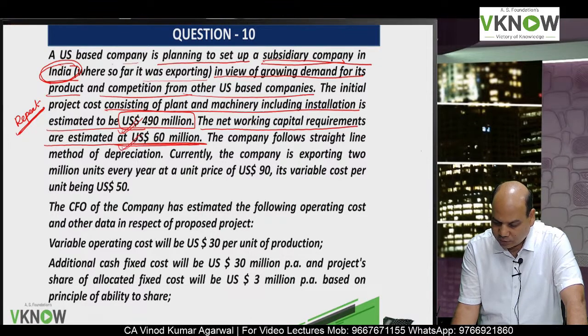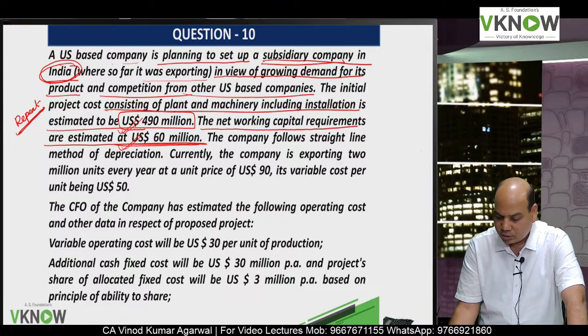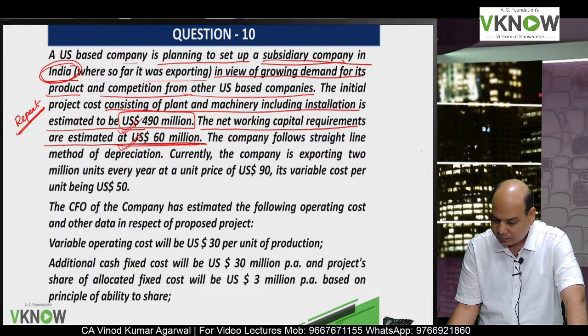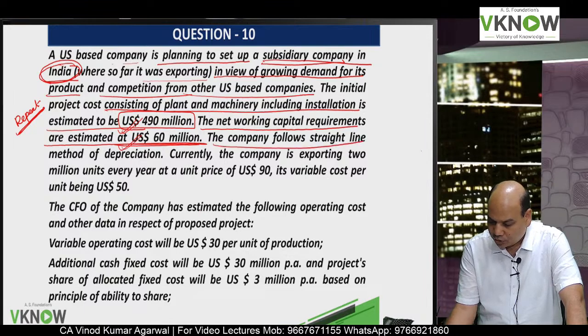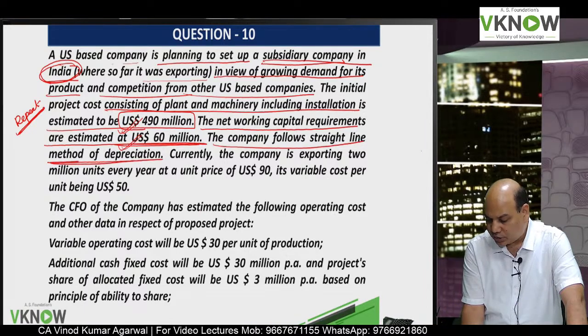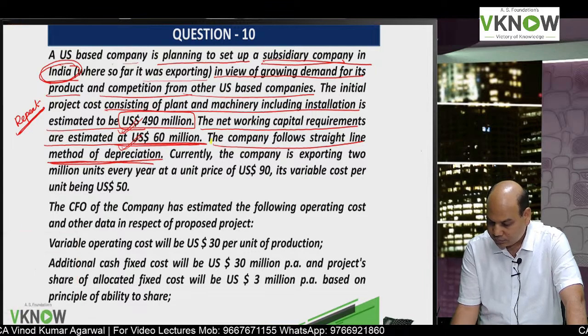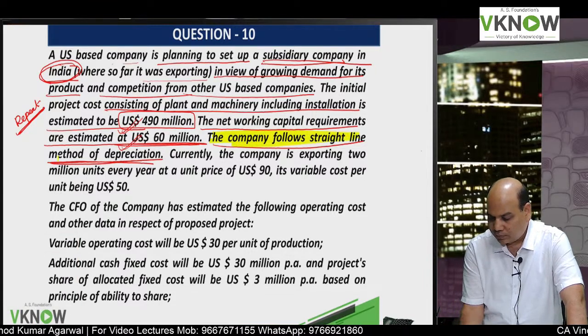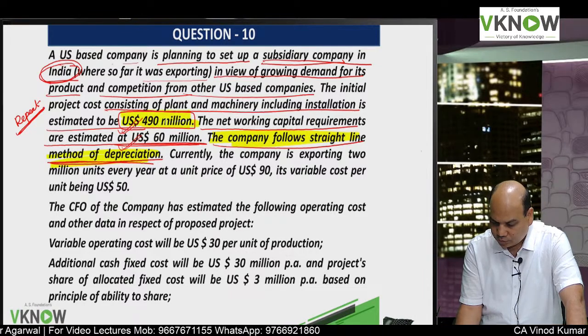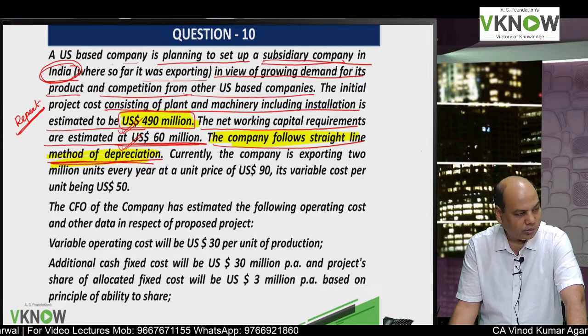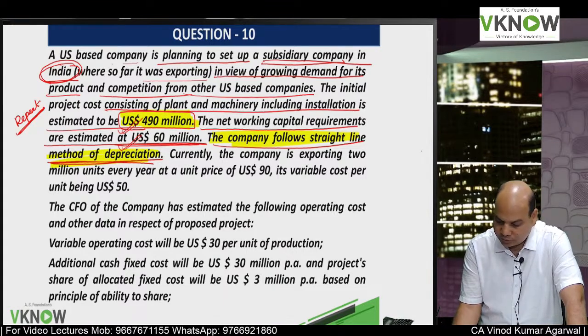Another investment requirement will be working capital of 60 million. The company follows straight line method of depreciation. Very easy. This will help you to save time. SLM. And what is your capital cost? Capital cost is 490. So while calculating depreciation, take 490.